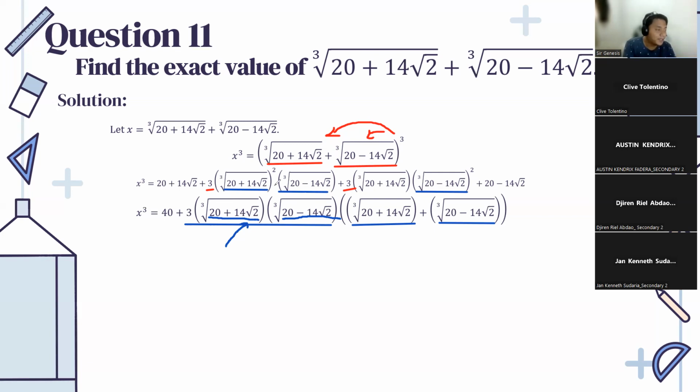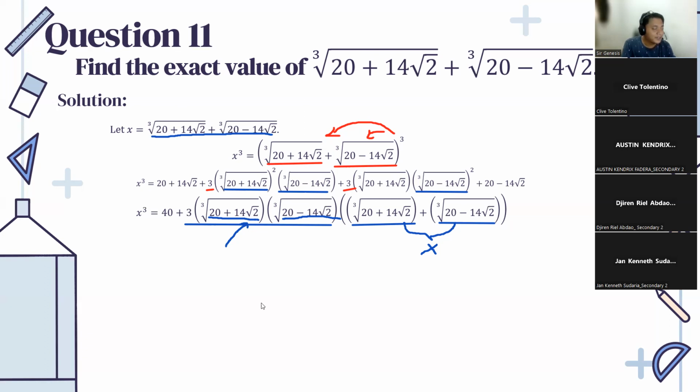So we can apply the special product there. Now for this, what's this? This is actually the given x, right? This is x is equal to cube root of 20 plus 14 square root of 2. These are the expressions that is needed for x.